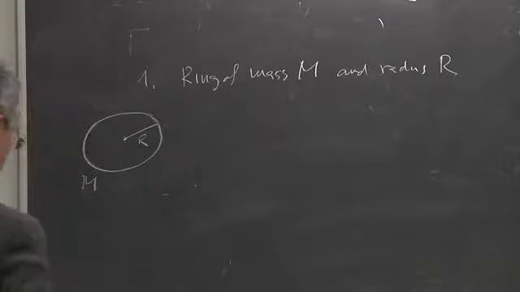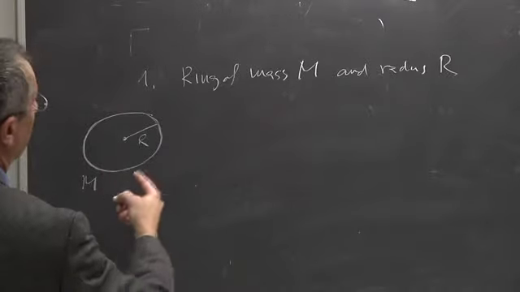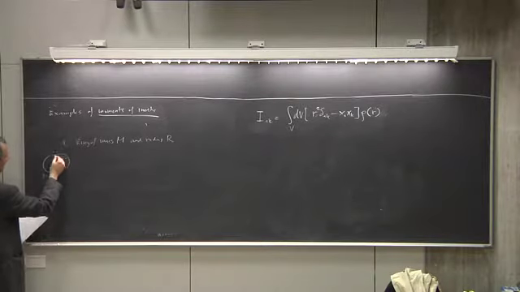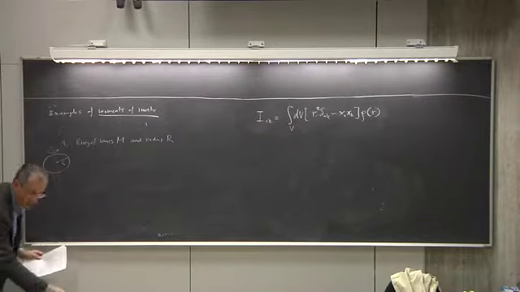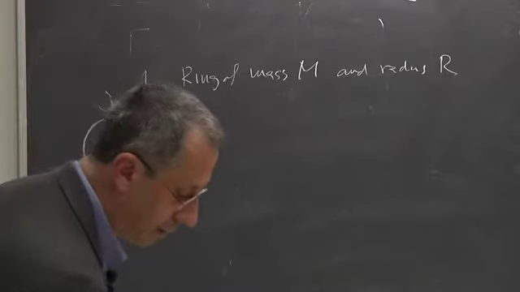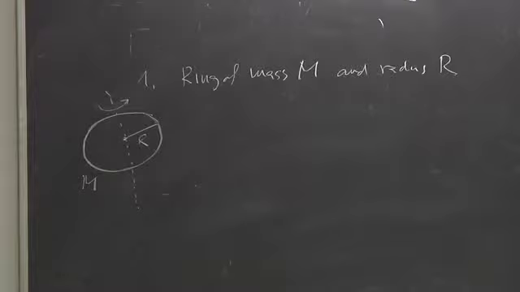So let's first start: I want to compute the moment of inertia of this ring about this axis here. It rotates like a ring, like a bicycle wheel that you pull off the bicycle and then spin about the hub.